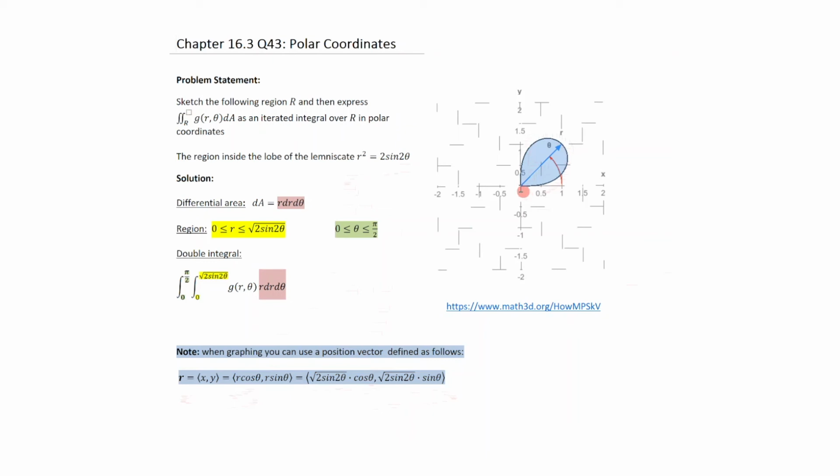So theta equals 0 means a line that's out straight. If you plug in the values here, you'd clearly get x, y equal to 0, 0, right at the origin. And at some angle, looks like 45 degrees, this would be sine of 90, and this would be a value of sine of 45.